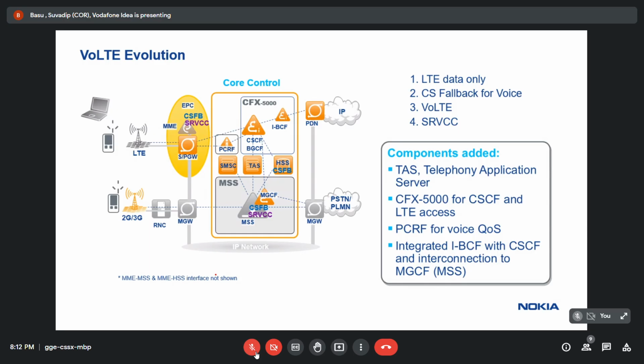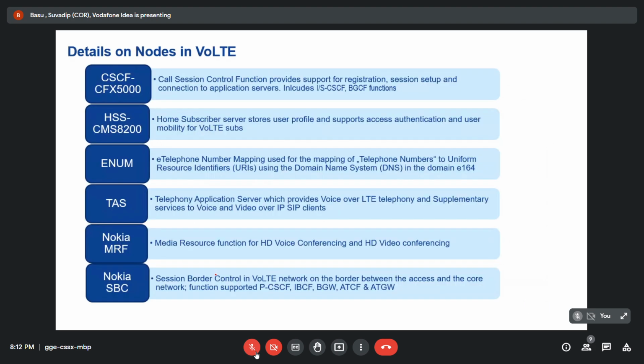And then you have to get it integrated with the CS core network, the IBCF and the MSS and all these things. You have to put it into the CS core network so that you can support the interoperability part.